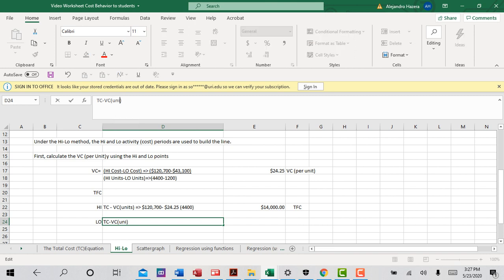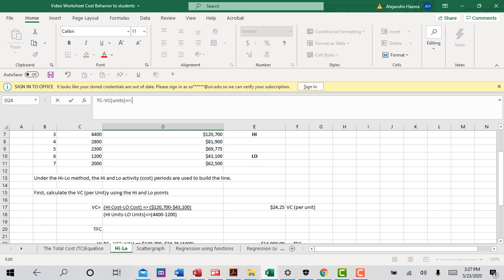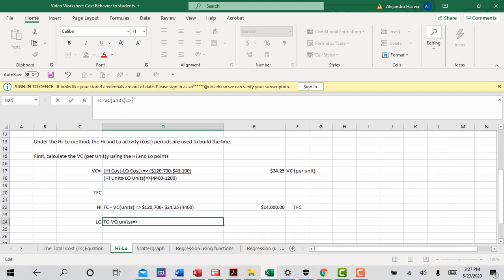Okay. And for the low point, this is going to give me, the low point was $43,100 in costs and 1,200 units. So 43,100 is going to be your costs minus the same thing, $24.25, but in this case, I'm looking to take it times 1,200 units.